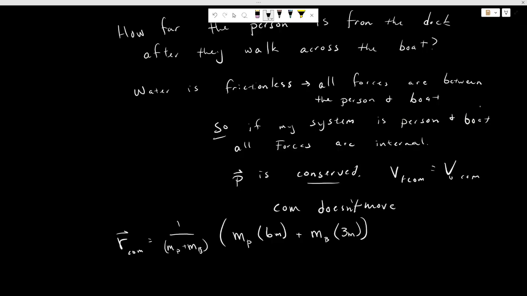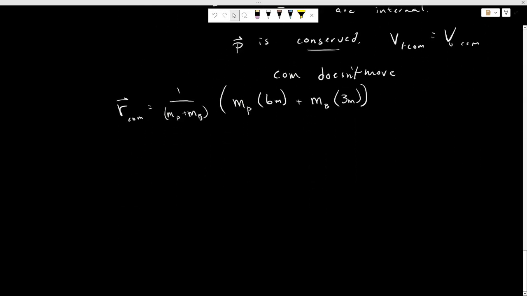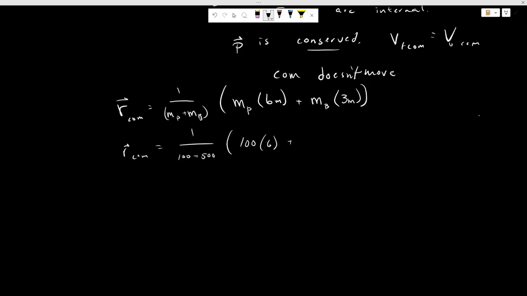Right? So then the mass of the person is 100. So R_COM equals 1 over 100 plus 500, times M_P is 100 times 6 plus 500 times 3.